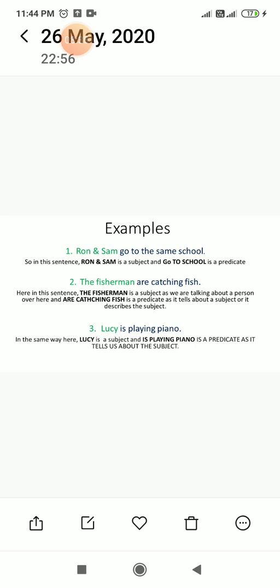Here, is playing piano is describing what Lucy is doing, telling us something about the action done by our subject. So here Lucy is a subject and is playing piano is a predicate.